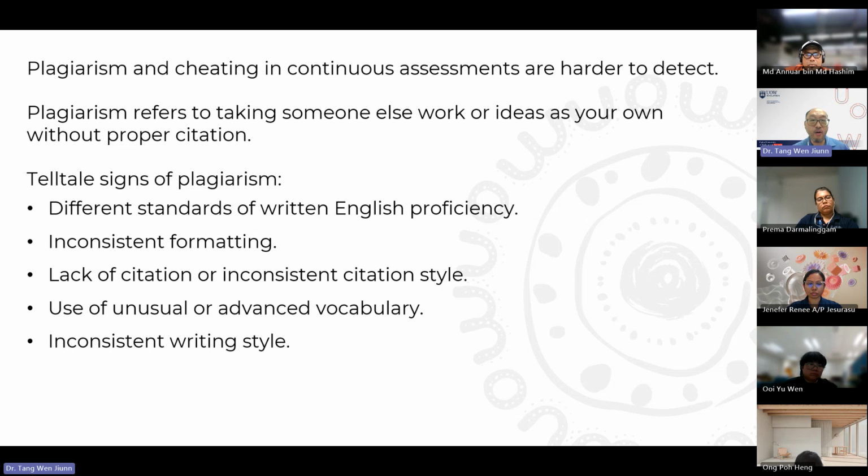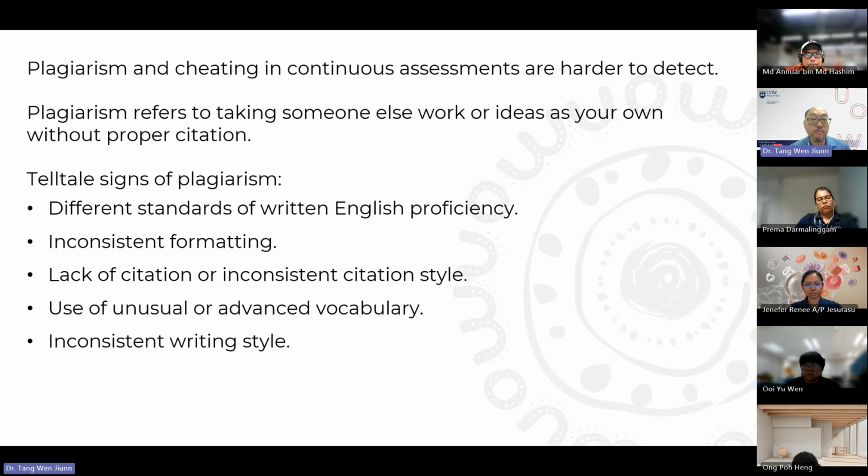For us, the first thing is we look at the English proficiency, the level of the writing. If we know our students well, then from the standard of English, we can tell whether it is their own work or not.